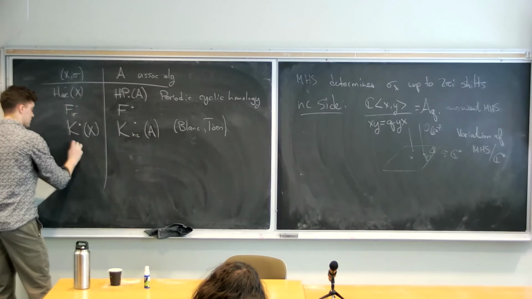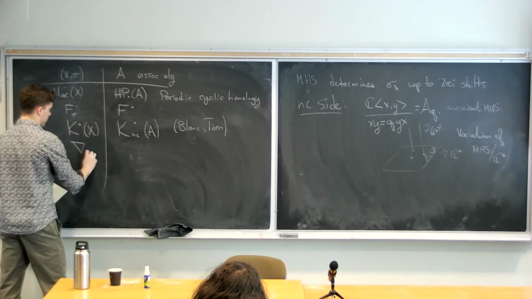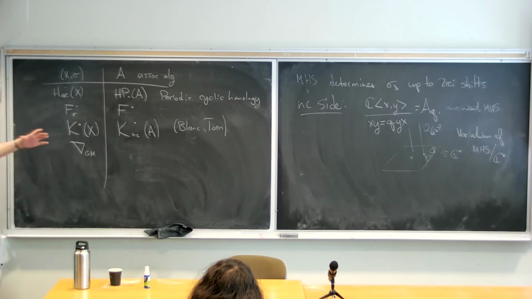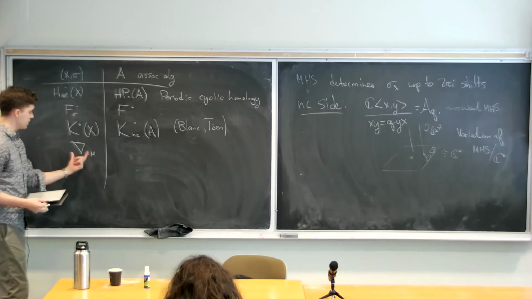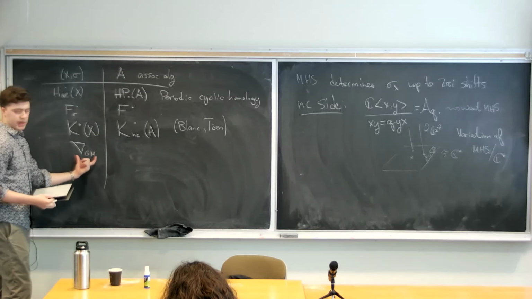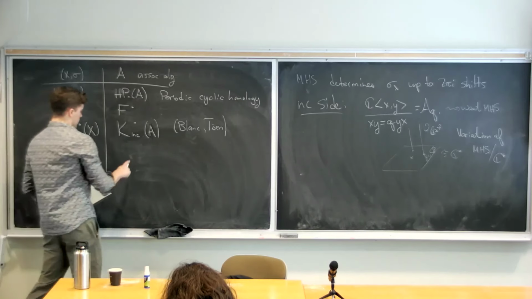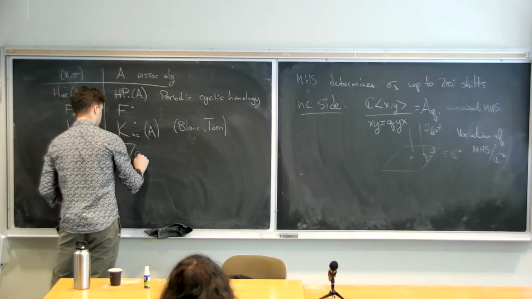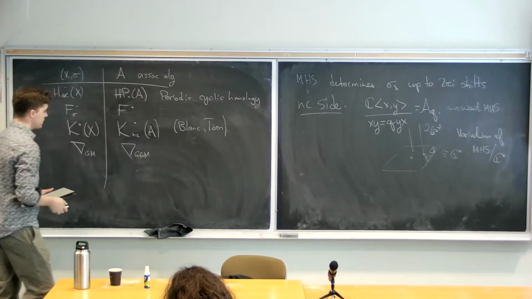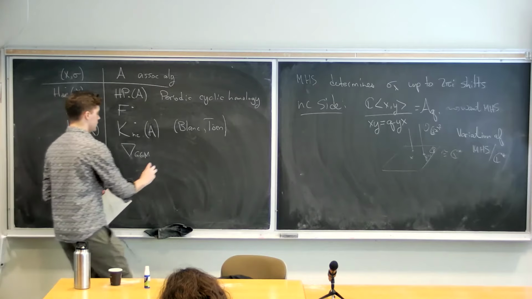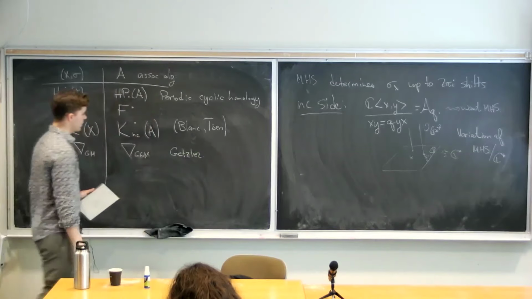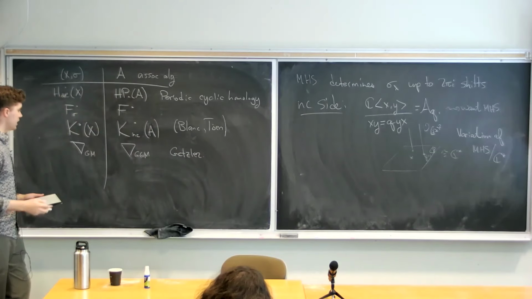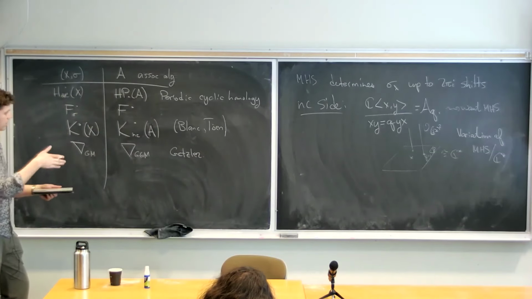Also, over here, I didn't talk about it, but as you change your Poisson structure, you're going to get a variation of those mixed Hodge structures, and it's going to have some canonical Poisson version of the Gauss-Manin connection on it. Believe it or not, there is a non-commutative version of the Gauss-Manin connection due to Getzler, where he constructs this on any formal family of algebras.